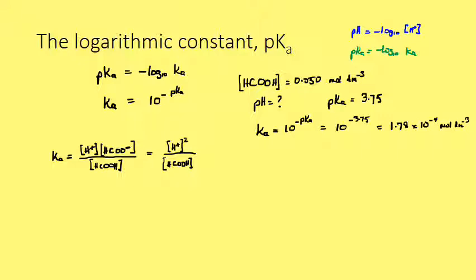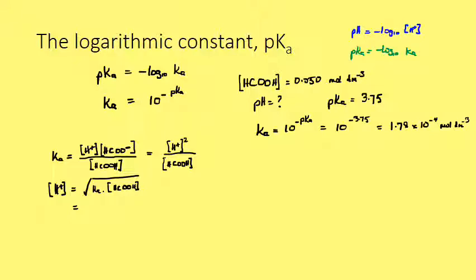And we're given the acid concentration, and we've now worked out Ka. So we can work out the hydrogen ion concentration by rearranging this equation. So hydrogen ion concentration is going to be the square root of Ka times concentration of methanoic acid. Like that. I've just done two steps in one there.